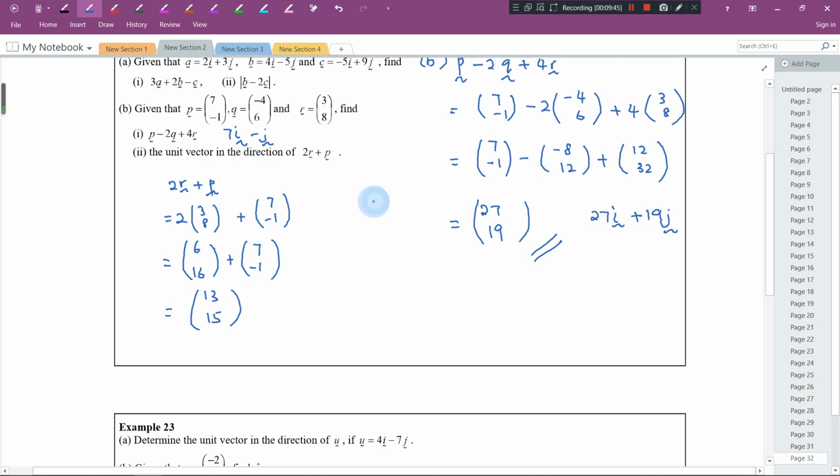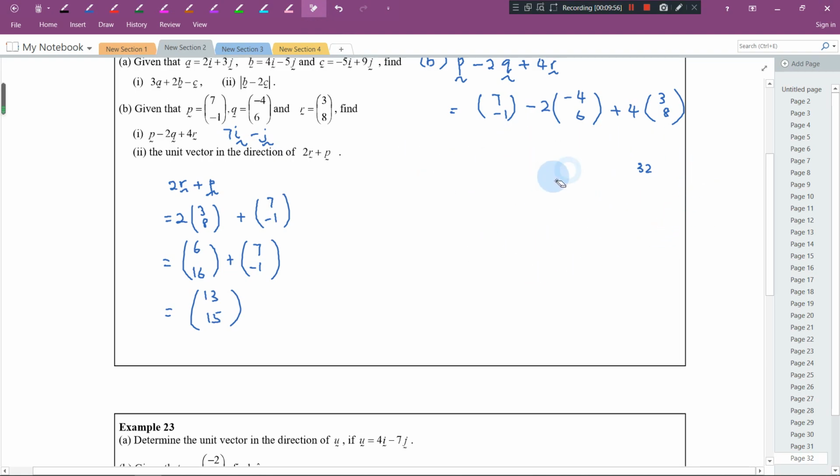Now next I want to get the magnitudes for this 2R plus P. Let me erase this one first. I want to find the magnitude for this one.